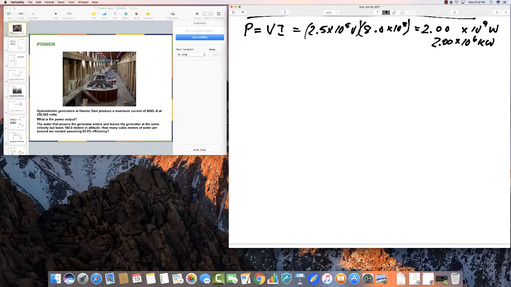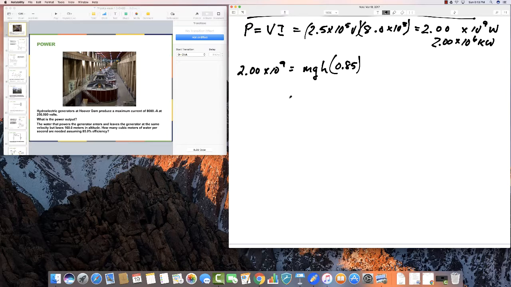Okay, so that means we start out with the power produced, or the energy per second, so it's 2 times 10 to the 9th joules per second, which is what watts are. And that's basically going to equal mgh times 0.85, 85% efficiency. M here, we can't calculate directly.